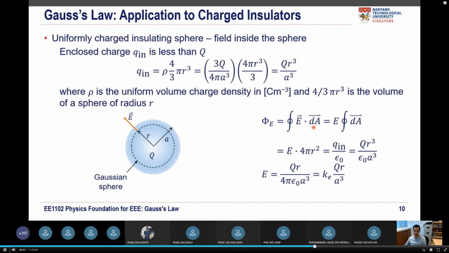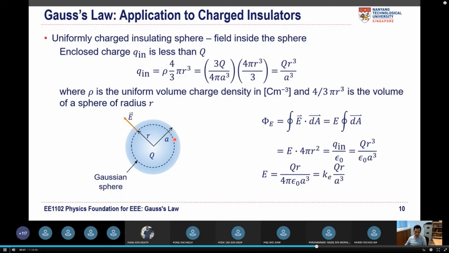And then from this, we can calculate again the flux. Because this is a uniform charge distribution in a spherical form, our E is always going to be the same.